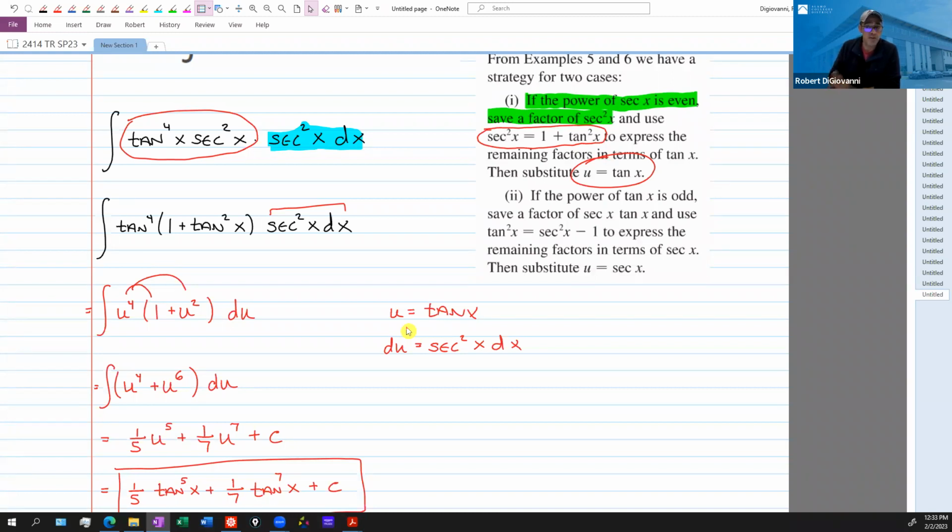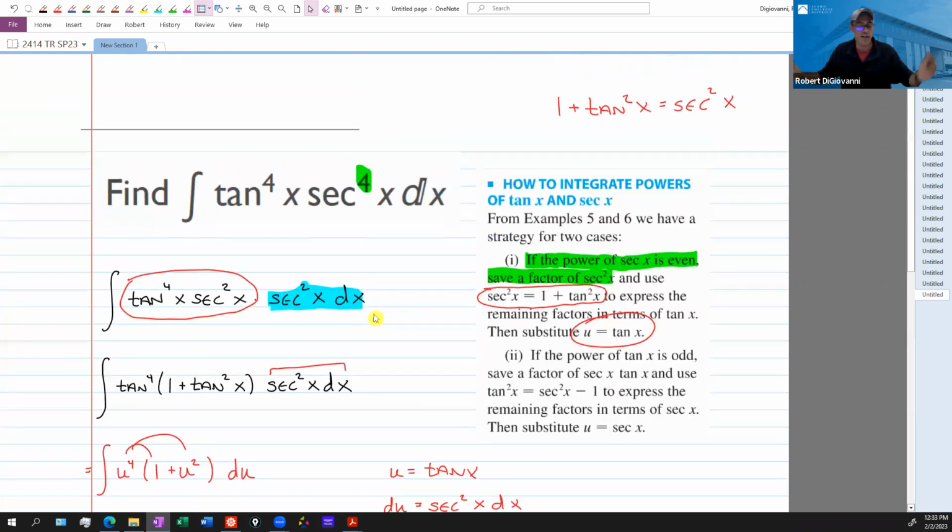And the reason they do just those two is because if you can do secant and tangent, then everything can be rewritten. If you have something with cotangent and cosecant, you can always rewrite those in terms of tangent and secant, which you can rewrite in terms of sine and cosine. We don't need all of them.